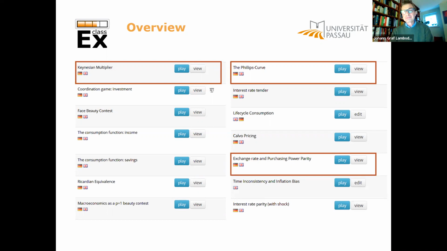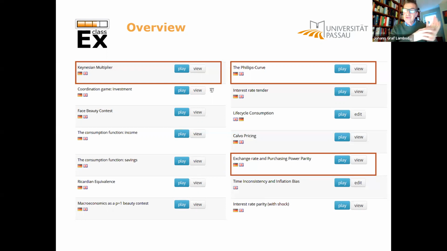And then we have the game on a face beauty contest. I will briefly talk about this today. We have a consumption function on income. I'll touch that briefly. Consumption function savings, I'll cover that as well.